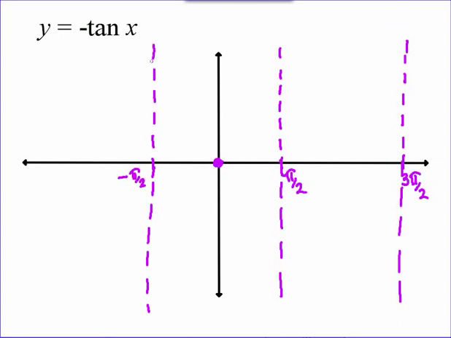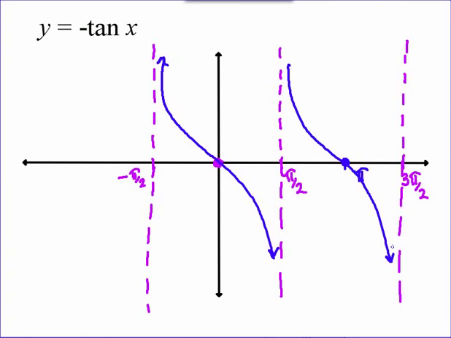If you remember, the old tangent went low to high, so what do you think this one's going to do? High to low. So it's just going to go this way, just like that. And this one, there's going to be a dot at pi right here, and it's going to go high to low. And there you go. So that's the graph of positive tangent, negative tangent. Questions?